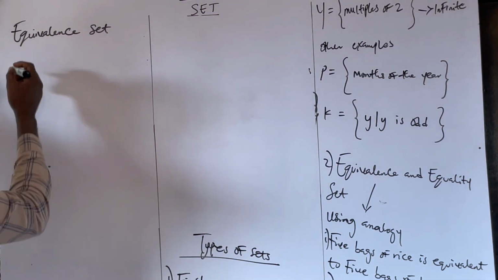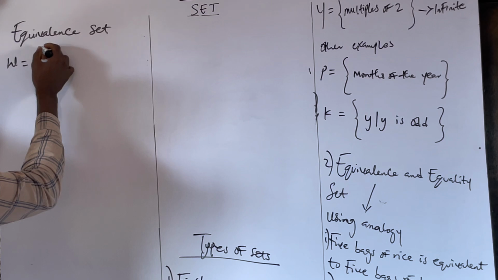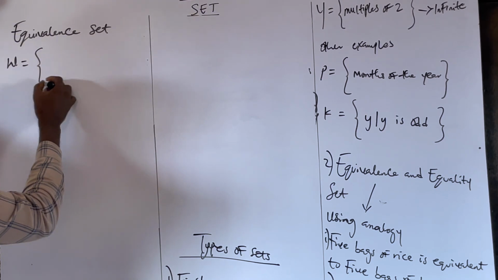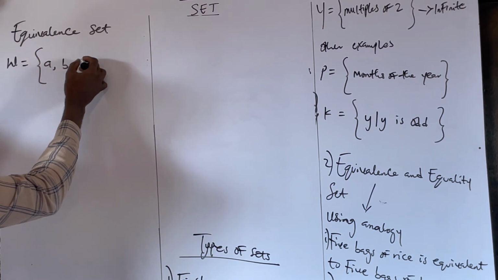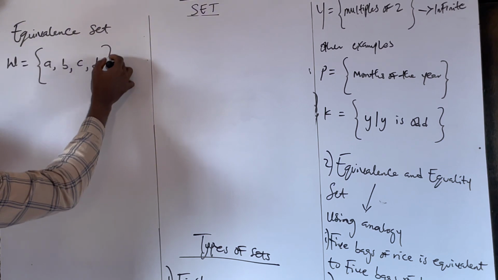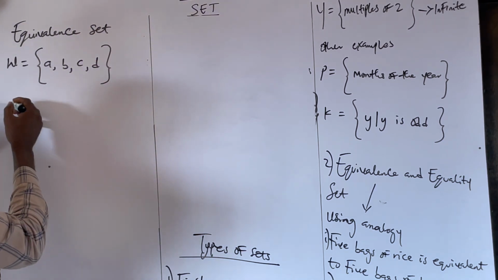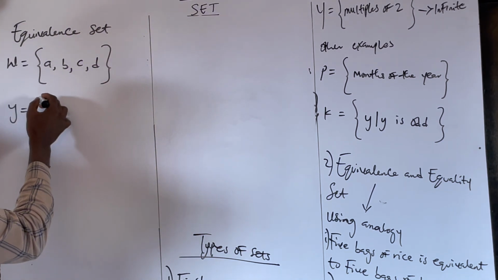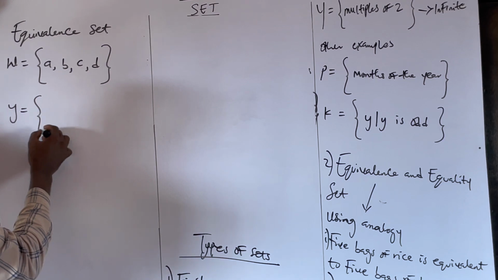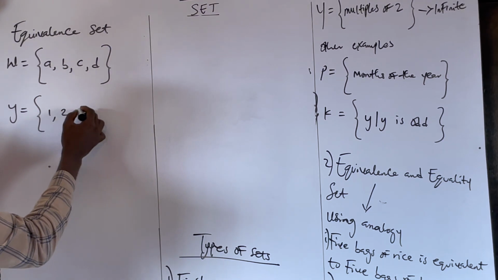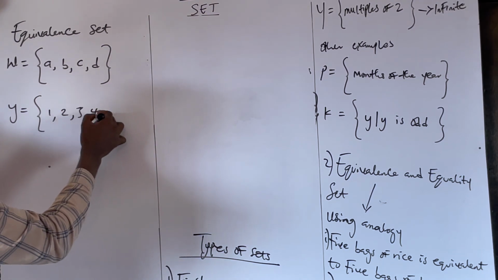Good. When you have W equal to {A, B, C, D} and we have Y equal to {1, 2, 3, 4}.